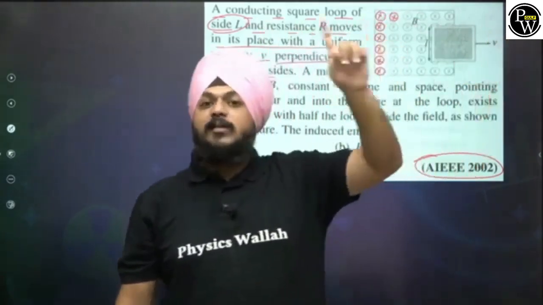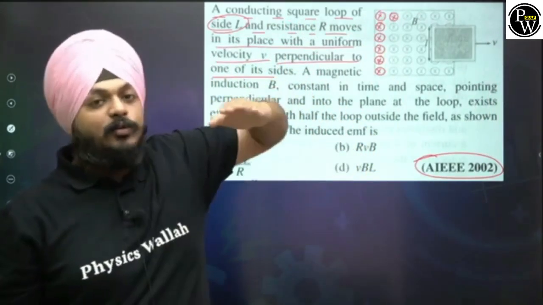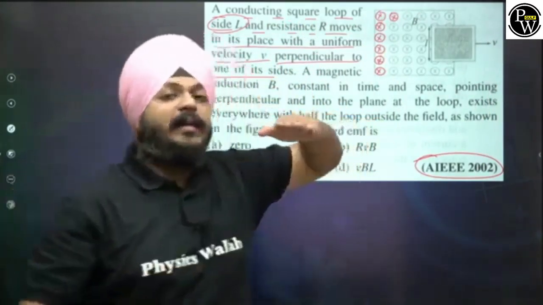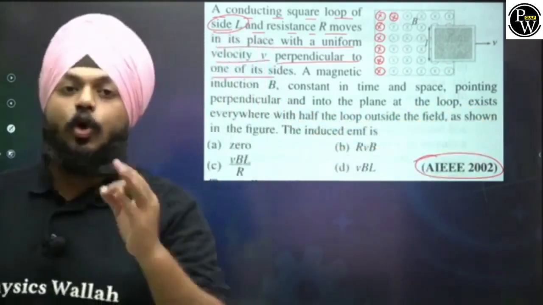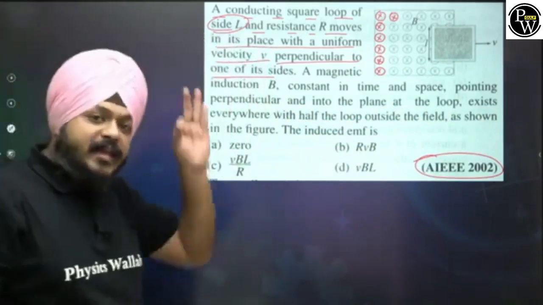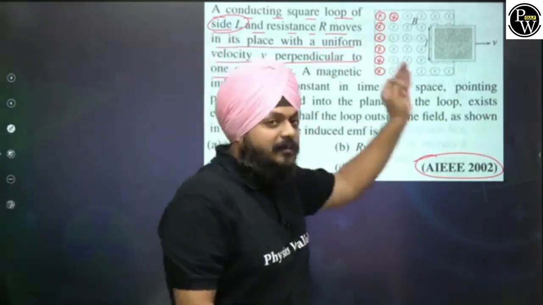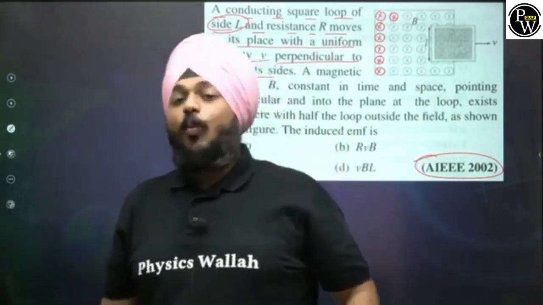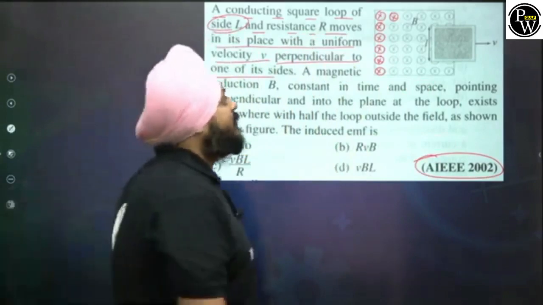So I told you all, just check whether the velocity is perpendicular to the magnetic field or not. Magnetic field is this way and velocity is this way. So yes, for sure they both are perpendicular, and yes, we are going to have an EMF within it. Why? Because the flux is also changing. Why is the flux changing?